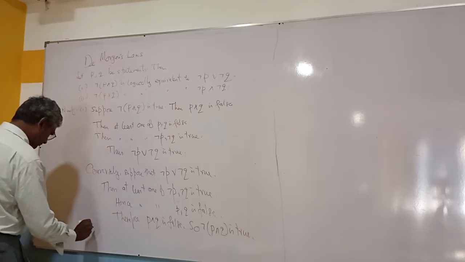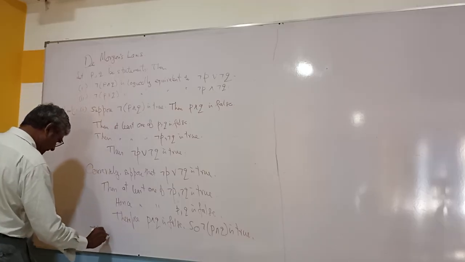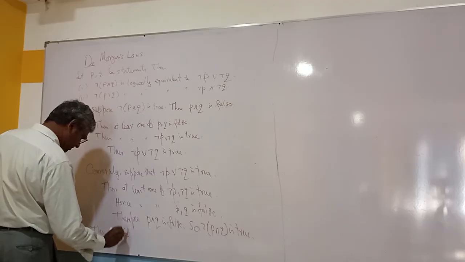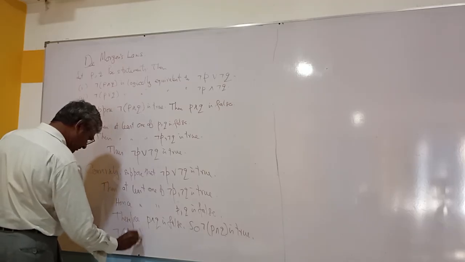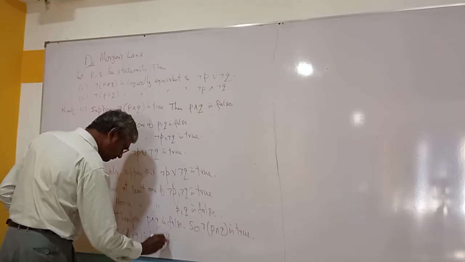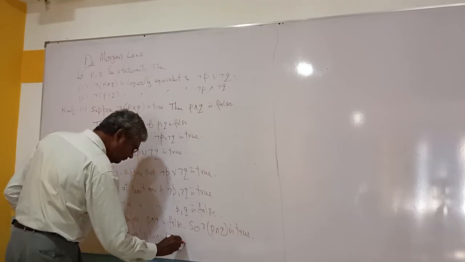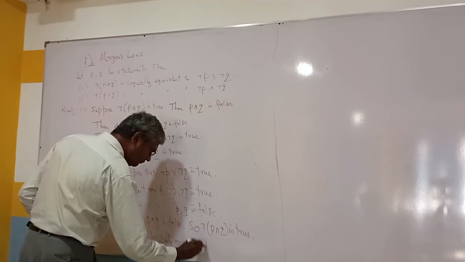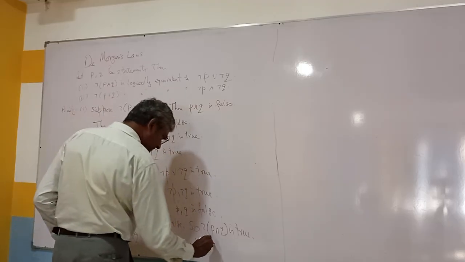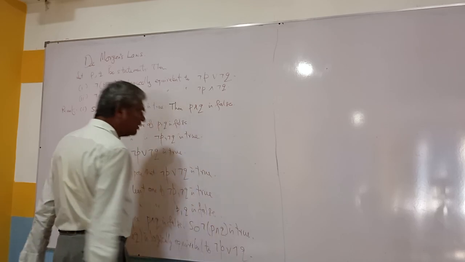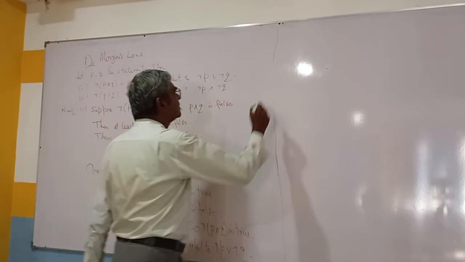Thus, not (P and Q) is logically equivalent to not P or not Q. Okay, now we have done that. So let's go to 2.